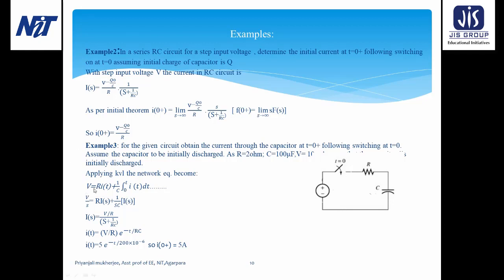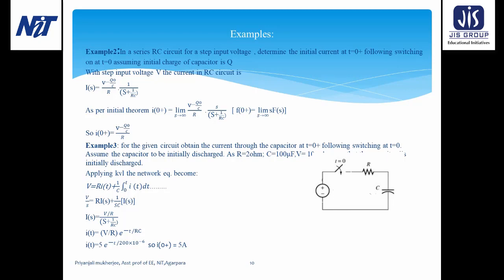If we apply KVL, the network equation becomes V equal to R i(t) plus 1 by C integral of i(t) dt. Applying the Laplace transform, we get V by S equal to (R plus 1 by SC) into I(s). Here I have omitted the I0 part because it is given in the problem that the circuit is initially in a discharged condition.